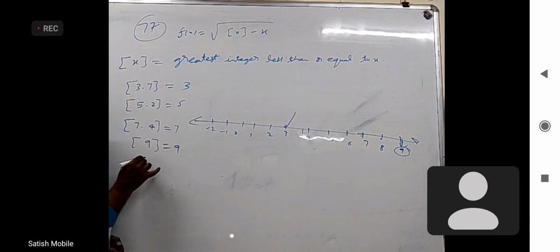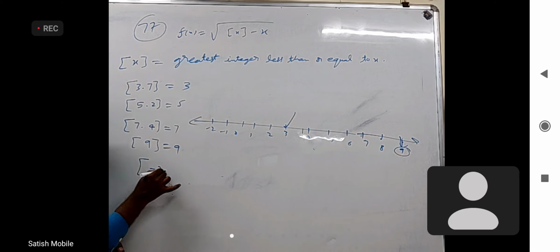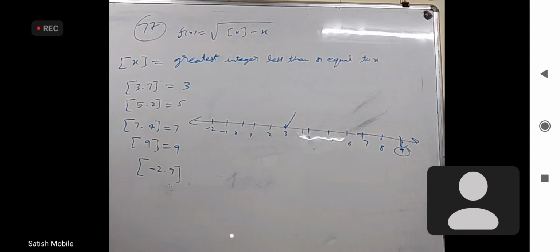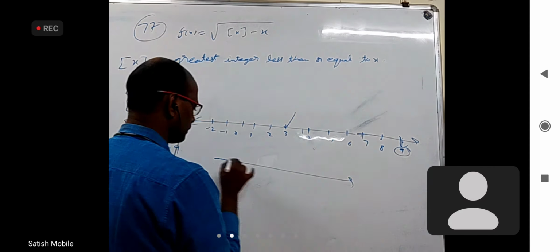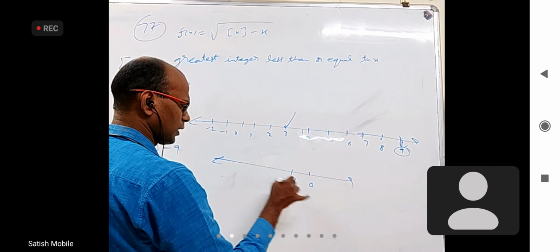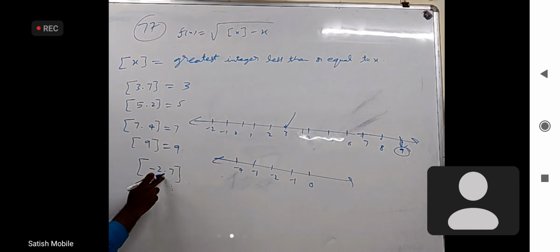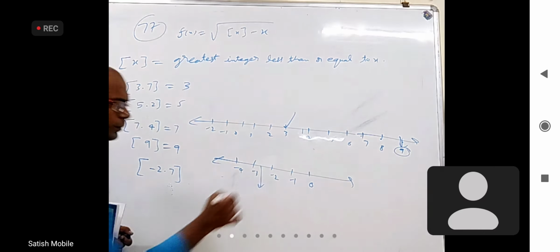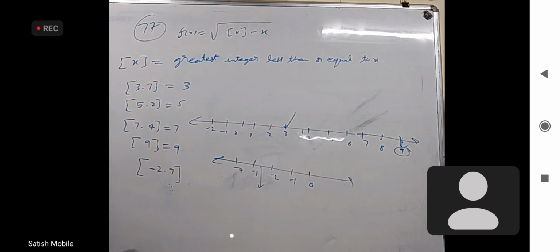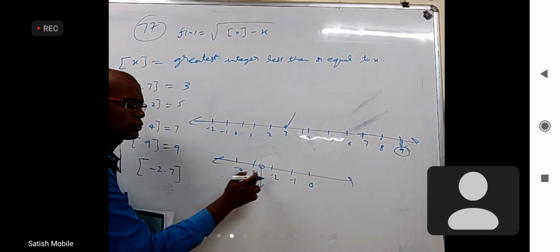But let us see this one, minus 2.7. One should not say neglect this decimal part, answer is minus 2, because let us see the number line carefully. 0 here, minus 1 here, minus 2 here, minus 3, minus 4. Minus 2.7 is somewhere here, between minus 2 and minus 3.